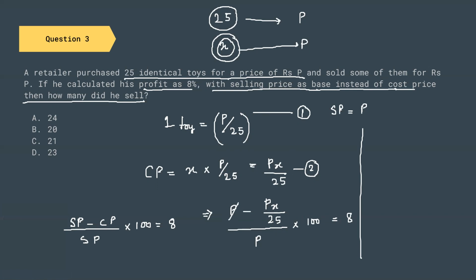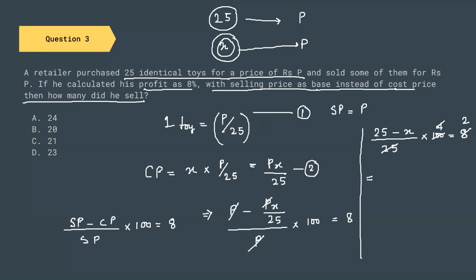This P will be cancelled, this P will be cancelled, and this P will be cancelled. So what we have is 25 minus X divided by 25. There is nothing in the denominator, so this will be just 25 into 100 is equal to 8. From this relationship, you have to find the value of X. So this 25 cancels this 100 and the result is 4. This 4 cancels this, so the result is 2.